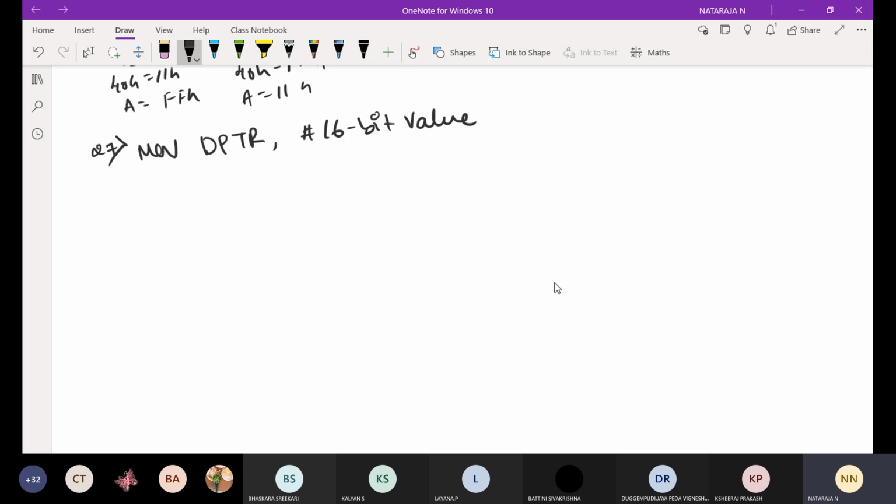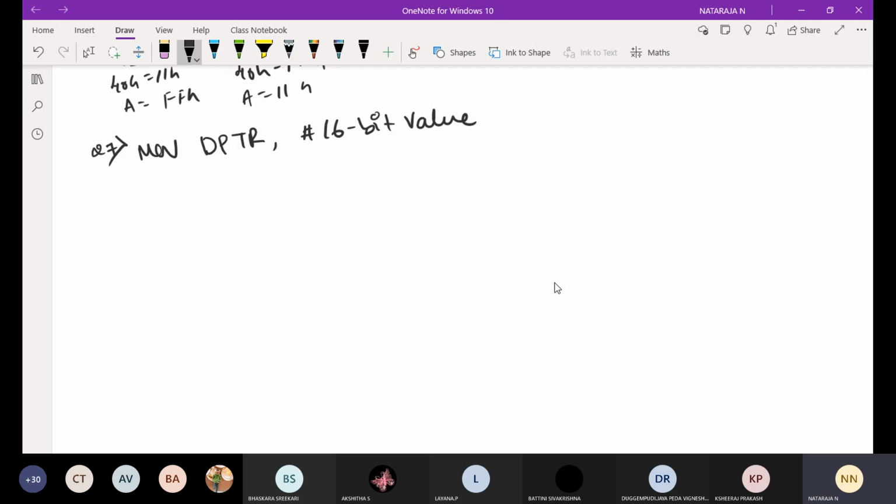Here the function is that we are going to load the data pointer with 16-bit content. The DPH register holds the higher order byte and DPL holds the lower order byte.